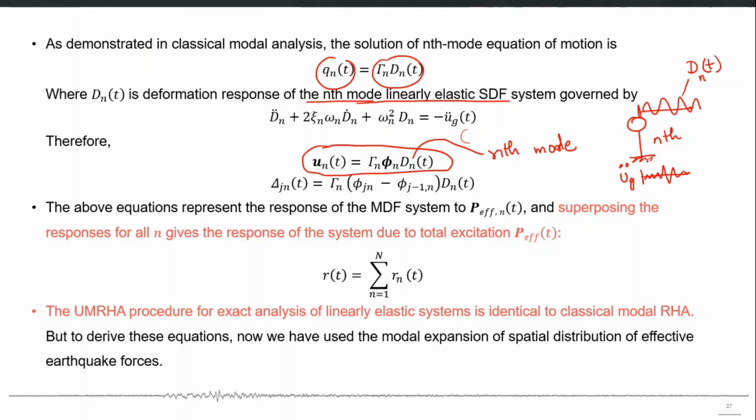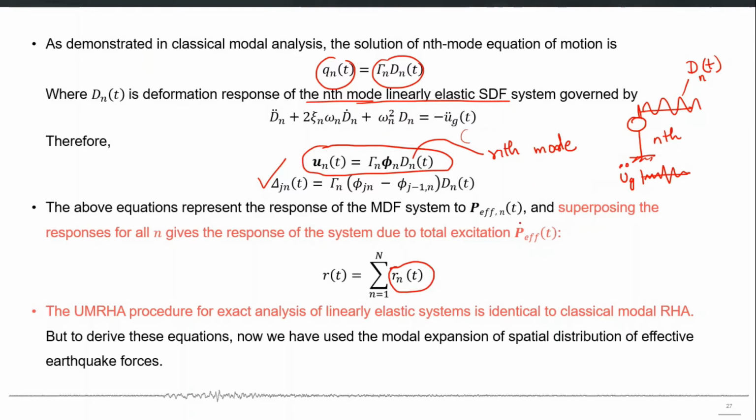So each single degree of freedom system this way, for n equal to 1 up till all degrees of freedom, we can calculate this d_n of t by solving its single degree of freedom system and get the displacement response for all significant vibration modes. Actually not displacement response, but all other responses like interstory drift, like any other response. So let's represent R_n of t as the general response quantity coming from the solution of that single degree of freedom system of nth mode.